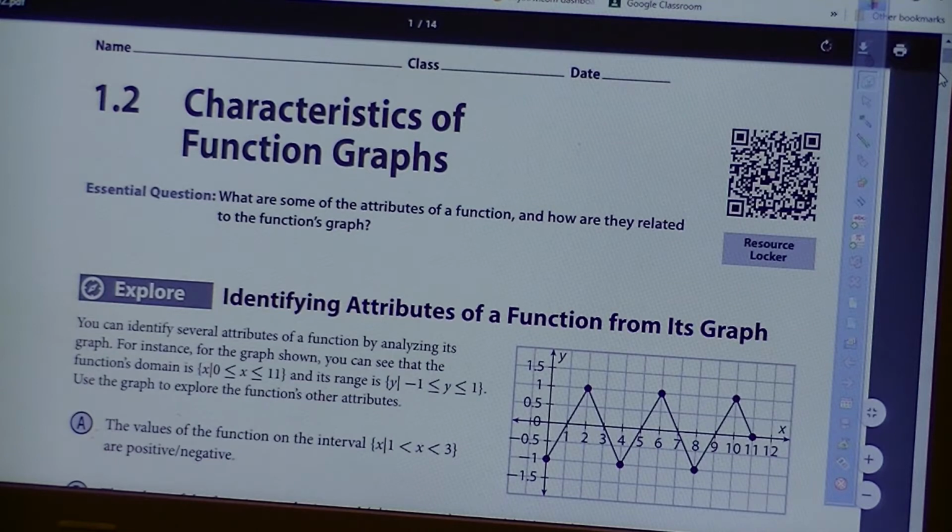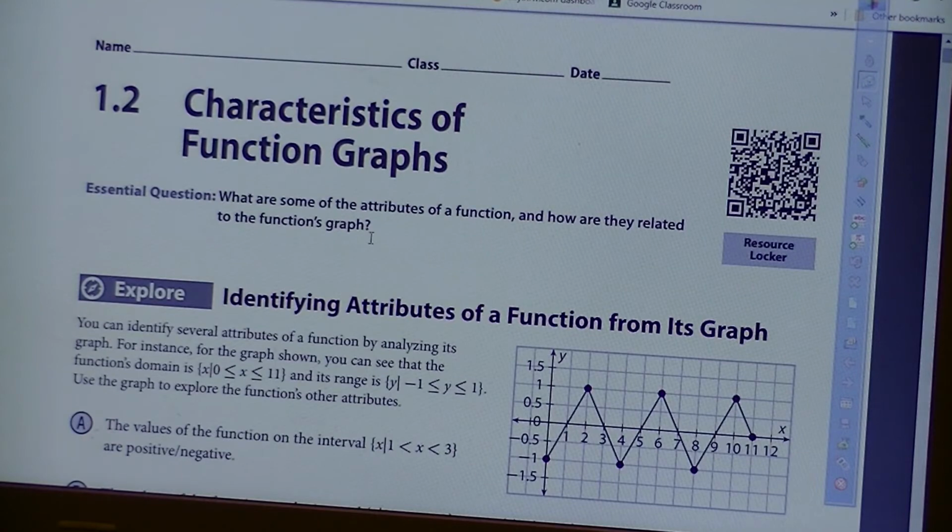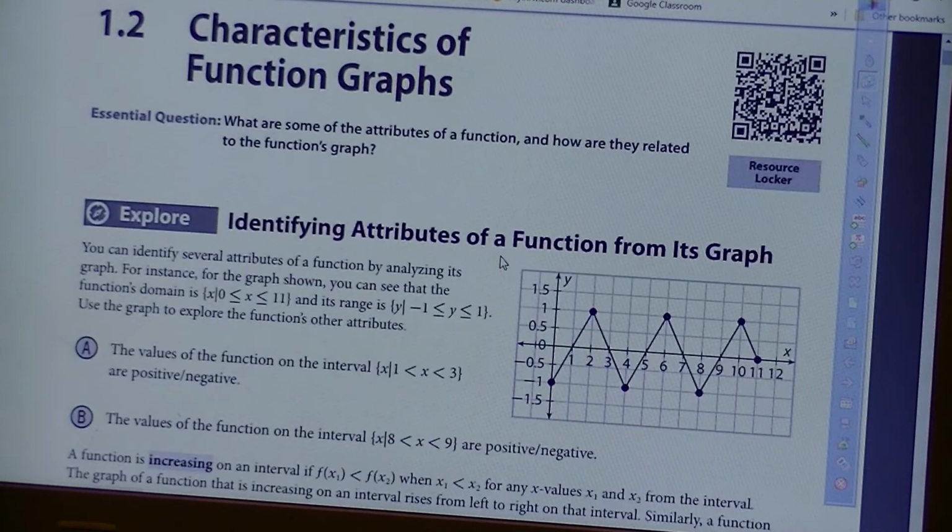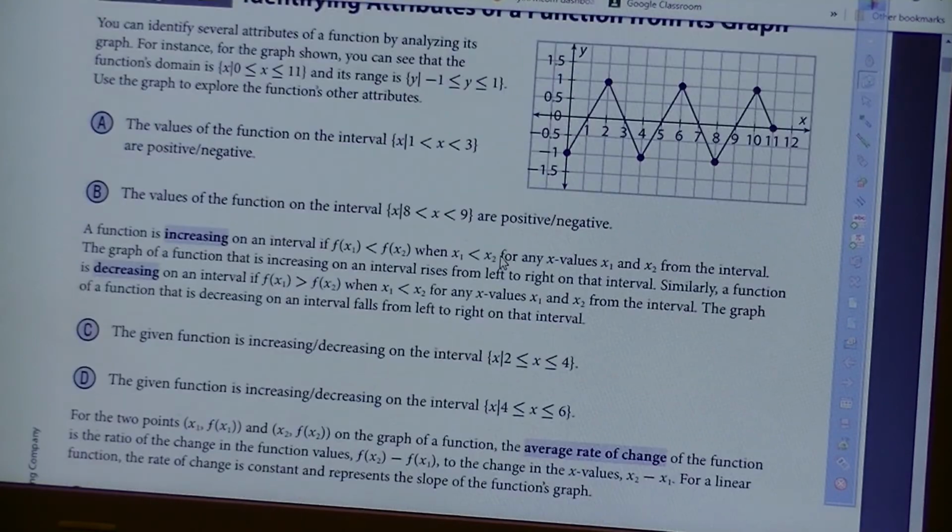First of all, we're talking about the attributes of a function and how they are related to the function's graph. There's lots of vocabulary, really important stuff that we're going to be talking about here. Our first example, our explore, is on page 17.